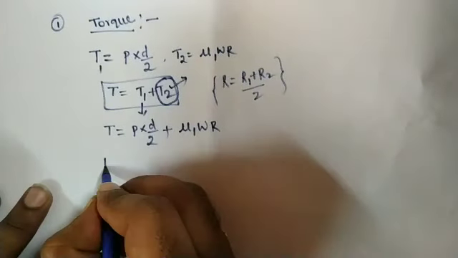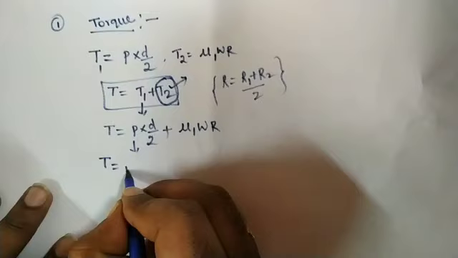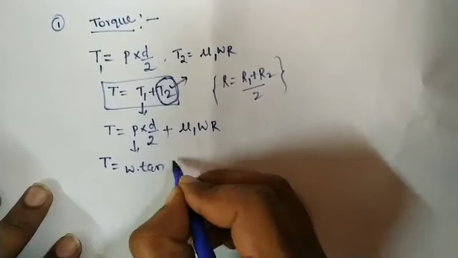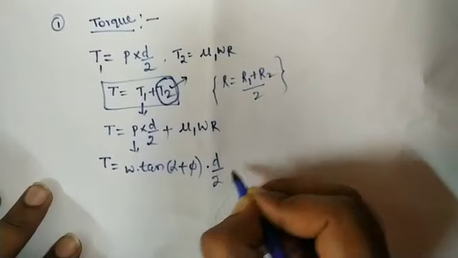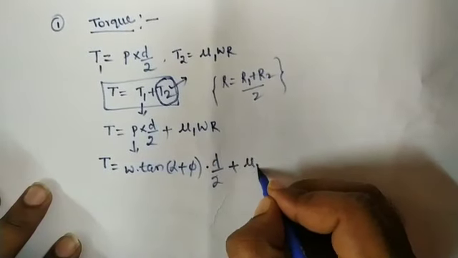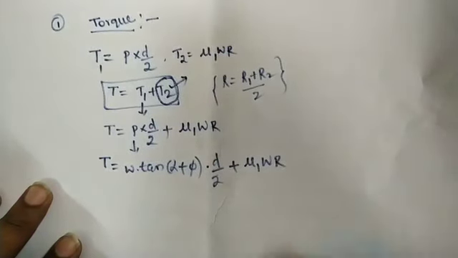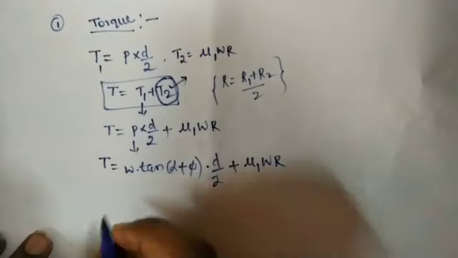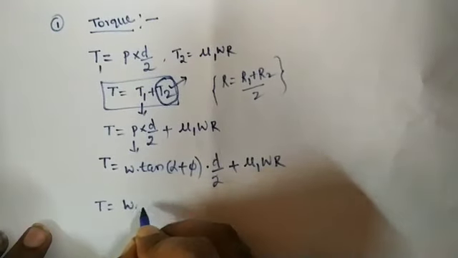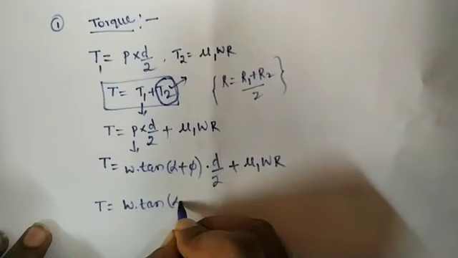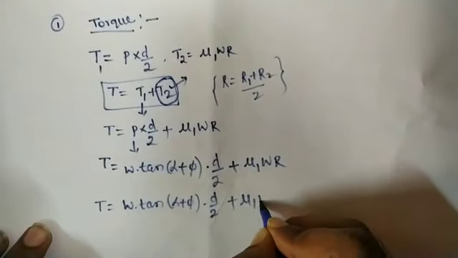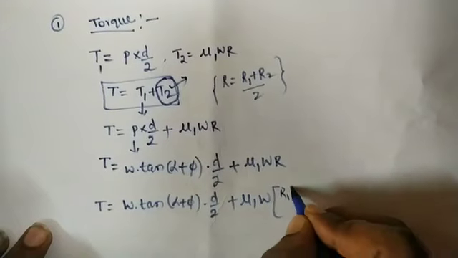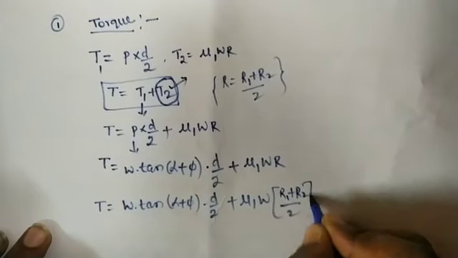Then T equal to P, which means W into tan alpha plus phi, into D by 2, plus mu1 W into R. So T equal to W into tan alpha plus phi into D by 2 plus mu1 W into R1 plus R2 by 2.